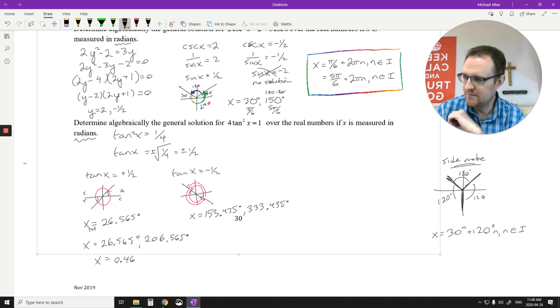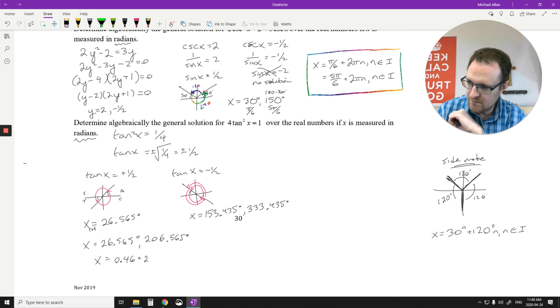I'll go to the 100th here, plus not 2 pi. Because they're 180 apart from each other, I'm going to plus 1 pi n, n an integer. So at least I can condense that one down.